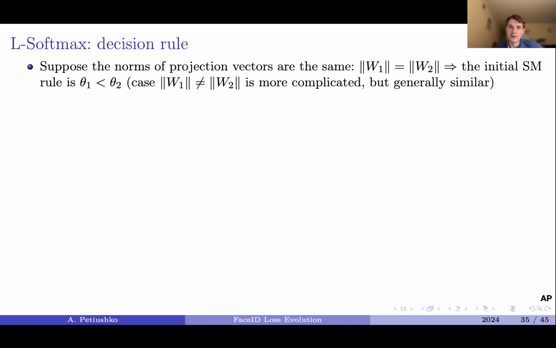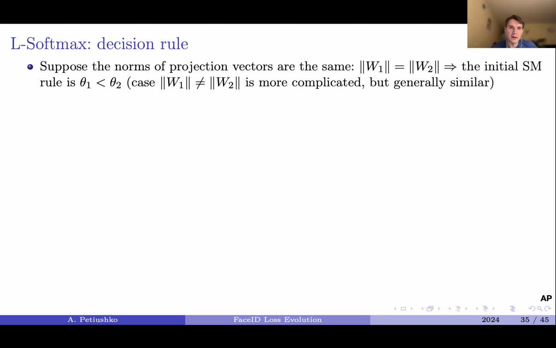L-softmax and decision rule. It's quite interesting and important here. Suppose the norms of the projection vectors are the same, so the norms of W1 and W2 are the same. In our case, the initial softmax linear classification rule is just theta 1 is less than theta 2.